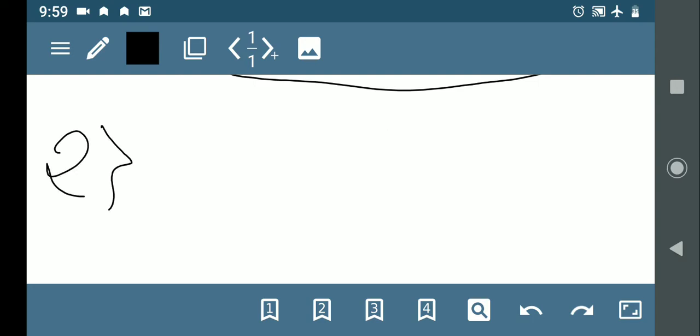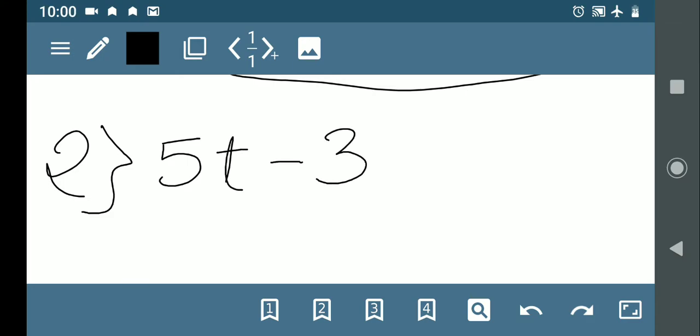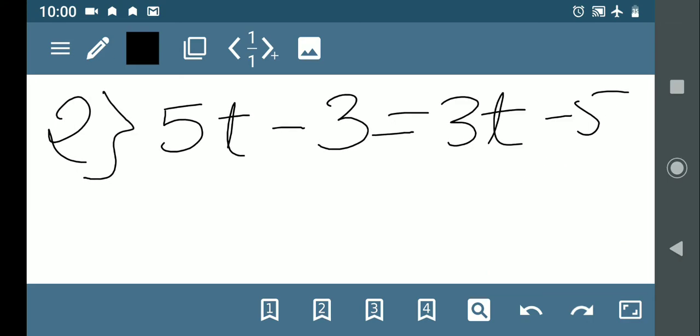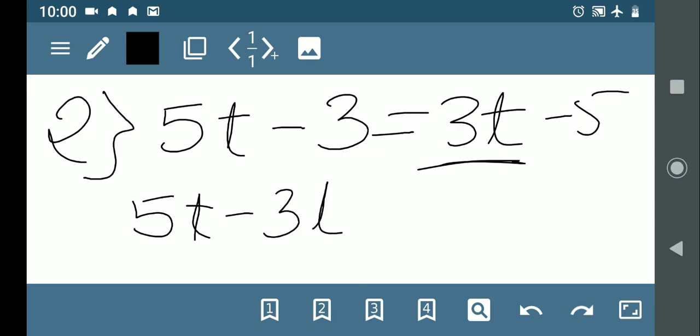Second problem. 5t minus 3 is equal to 3t minus 5. So first take the variables on one side, that is 5t. If you take this plus 3t to LHS, it becomes minus 3t, minus 3 is equal to minus 5.